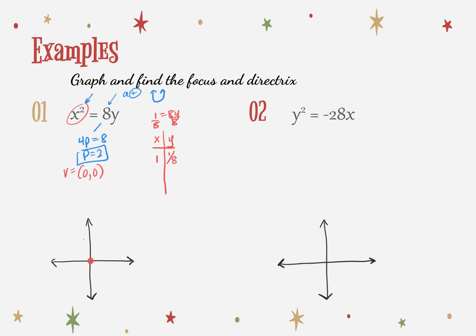So if x is positive 1, y is 1/8. So if this is 1 and this is 1, I know it's going to be like here. So it's going to be very fat. And I know that my graph is going to mirror, so I know it's also going to be negative 1 for x at 1/8. And that's really all I need to do. You don't have to be super accurate with the appearance.